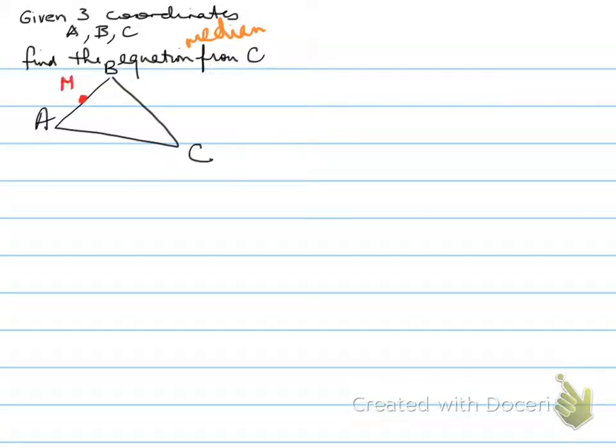First you need a midpoint, and then you connect that midpoint to C. You find the equation by using the midpoint, finding the slope from the midpoint to C, and using that slope and that midpoint, or that slope and that vertex, to find the equation of the median line.